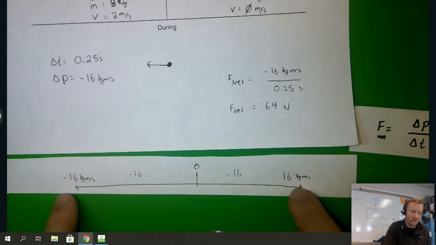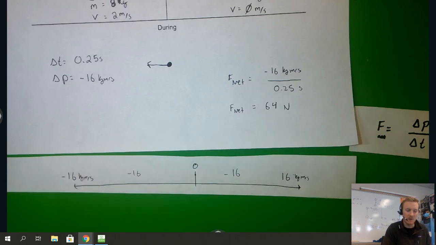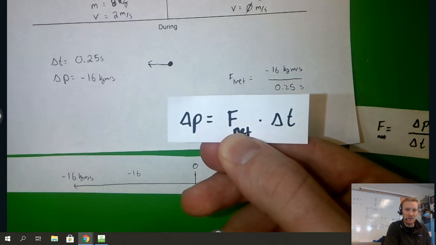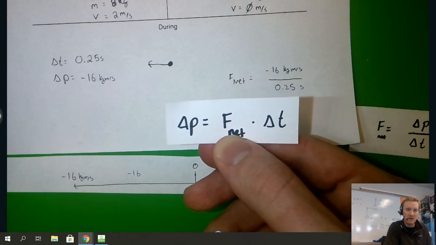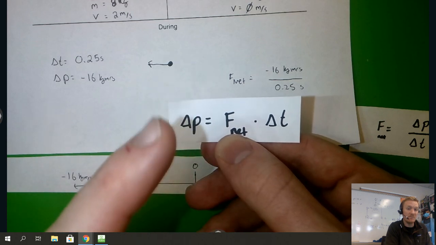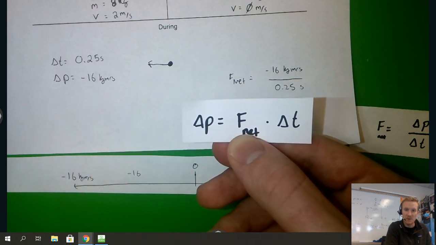But just to go from 16 to 0, right, halfway, a change in half of that momentum, it would make sense that we require half the force, okay? Because that change in momentum is proportional to the force. Okay, the bigger the force, the shorter amount of time. If your time stays the same but your force gets bigger, okay, that means your change in momentum is going to be much bigger as well.